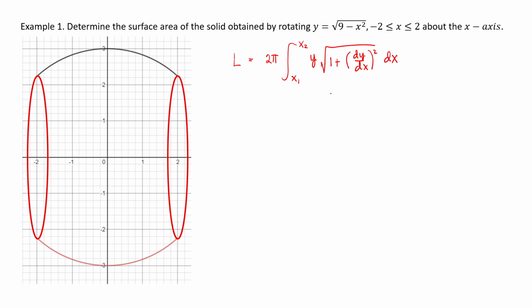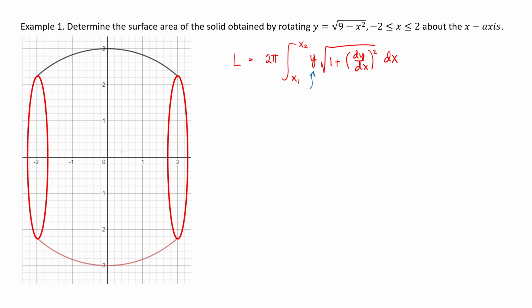Of course, the radius going towards the line, the y parameter. So first we need to determine the y variable.